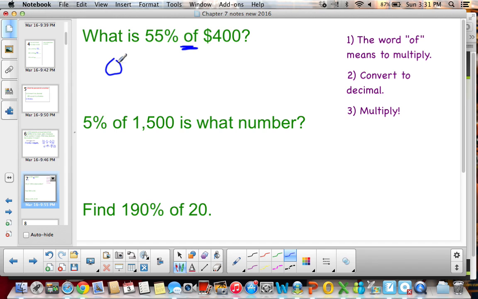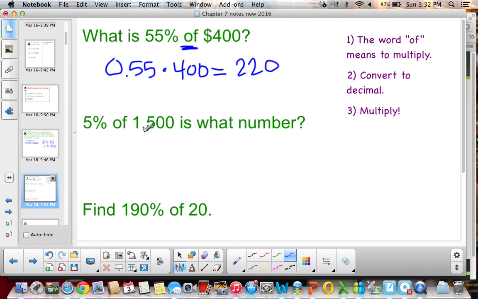Otherwise, we have 0.55 times 400. So 0.55 times 400 equals 220.